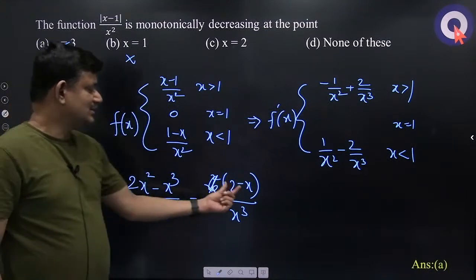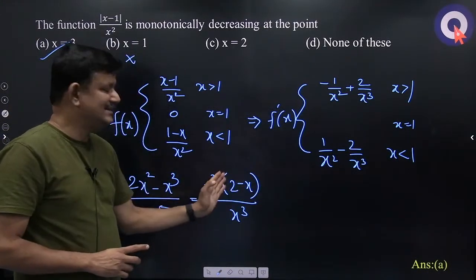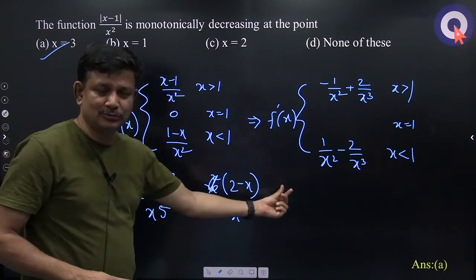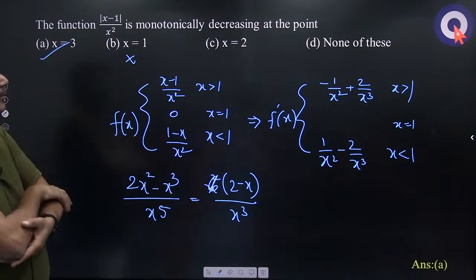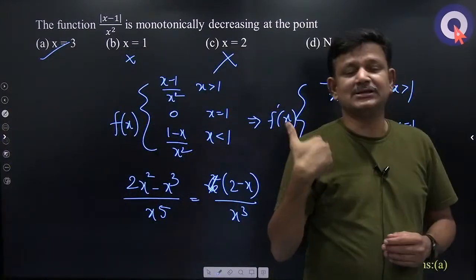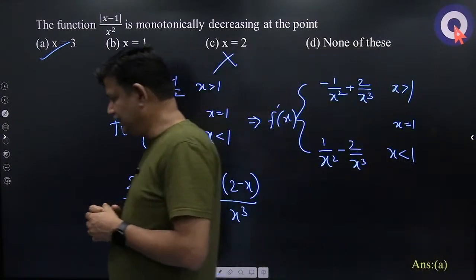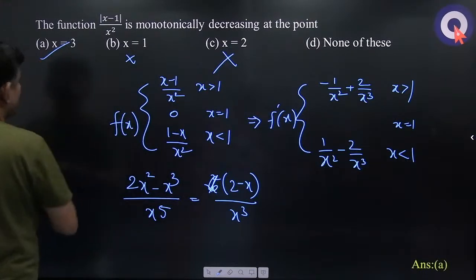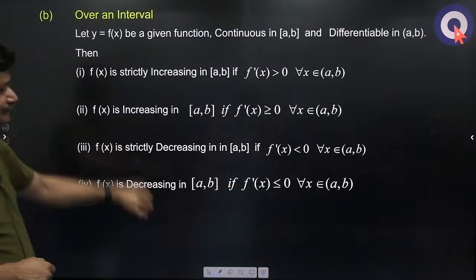Now 2 minus x power is odd, 1. So above 2 this will change its sign. If x is more than 2, it will be negative. If x is less than 2, it will be positive. So again on 2, one side it is positive, other side it is negative. So this is neither increasing nor decreasing. So there is only one point where it is monotonically decreasing, that is x is equal to 3.